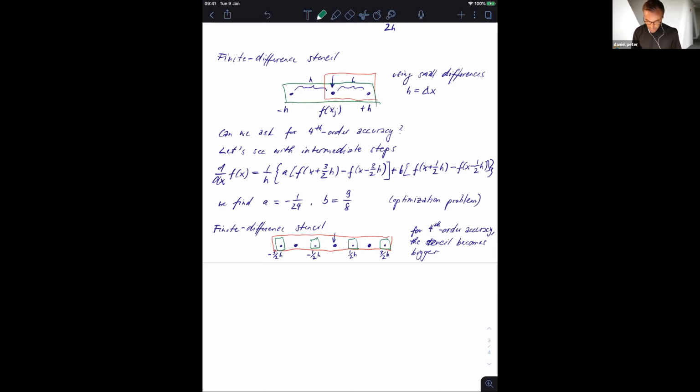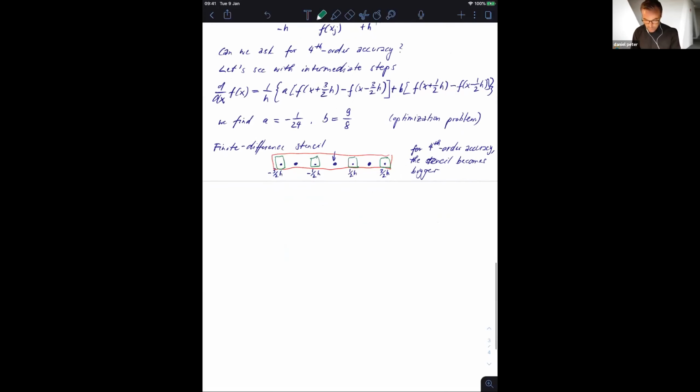Good, so I gave you an example of a fourth order scheme, but how could you, let's say, just create a different fourth order scheme? And in order to find such schemes, what is very convenient is to write down the Taylor series again. And then see if you can combine the Taylor series such that you achieve higher order approximations. So let me quickly put that down.